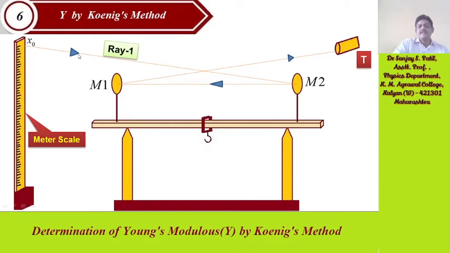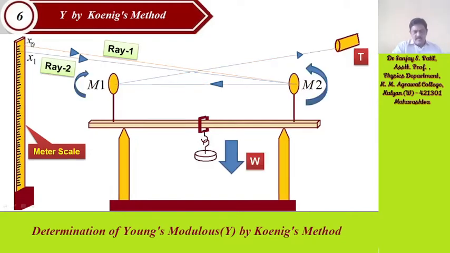This ray is incident on mirror 2 and it is reflected back to mirror 1, and from mirror 1 to the telescope. Whatever the division on the meter scale, that is x0, is observed with the help of the telescope and noted in tabular form. Initially no weight is there, so this reading is x0.